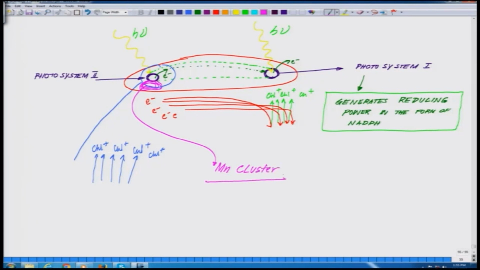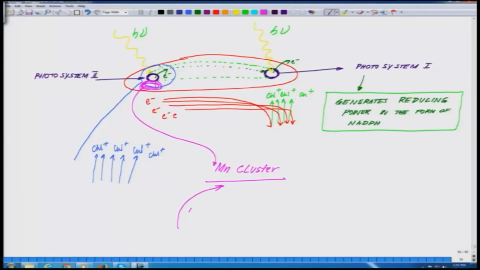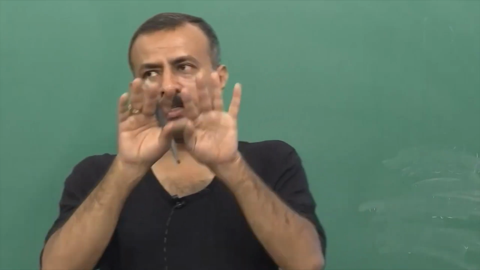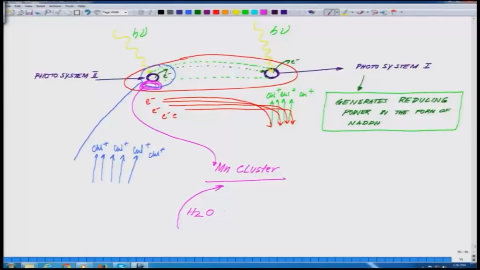This nano machine or atomic machine takes up the water molecule and it just strips out the water molecules and becomes a perennial source of electrons, and as a byproduct it gives out oxygen. Making sense?